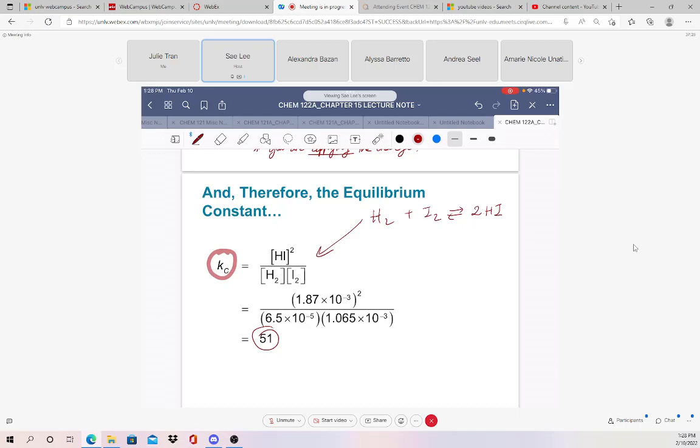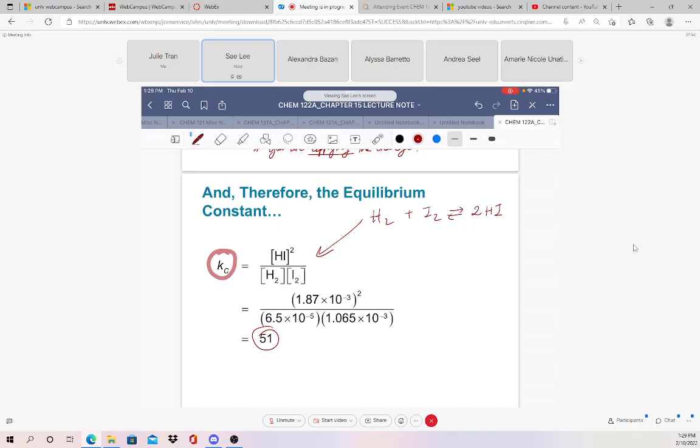Professor, on the exam, will the change in concentration be given to us? So you will encounter a lot of similar problems, but sometimes the change is going to be given and then you have to find the equilibrium concentration.